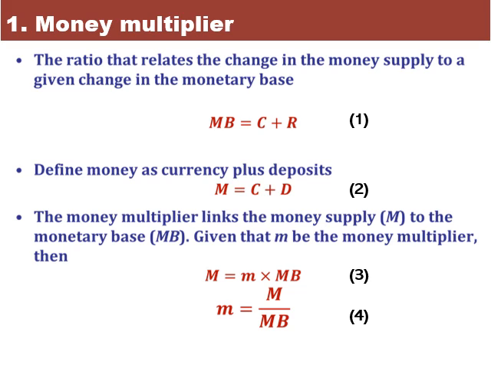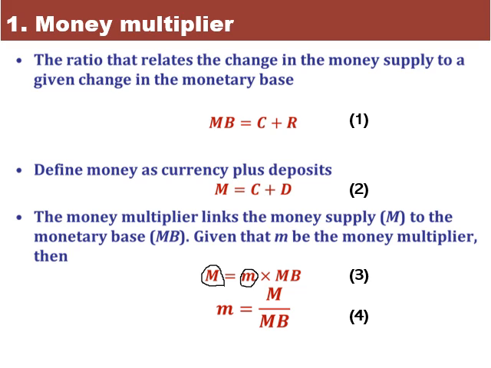And the money multiplier links the money supply to the monetary base as shown in equation number 3, where M, which is written here in uppercase, represents the money supply, while m, which is written in lowercase, represents the money multiplier. So money supply equals money multiplier times the monetary base.